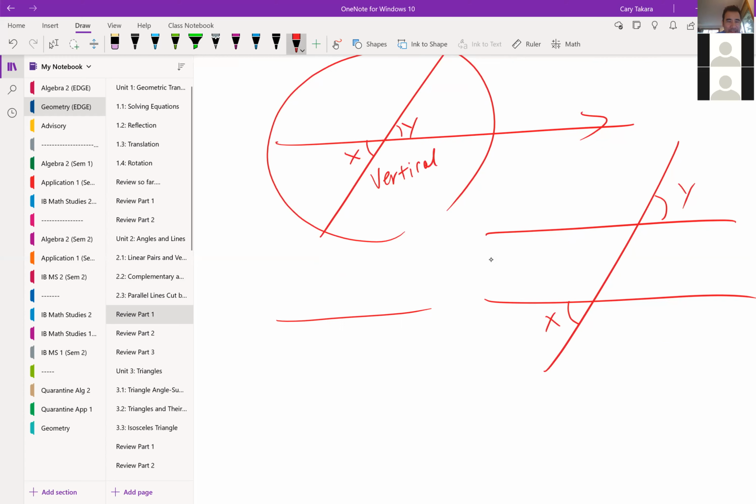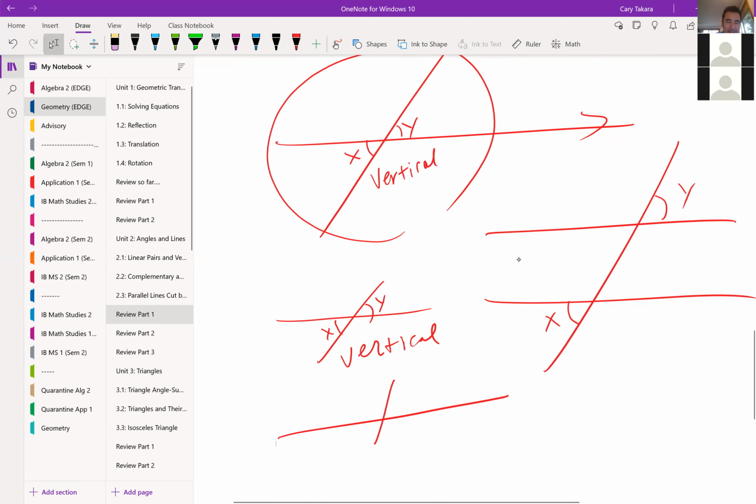If the angles are right next to each other, like this one, that's a vertical. And then if the angles are, again, right next to each other, that's a linear pair. You notice that vertical angles and linear pair, they are right next to each other, aren't they? They're on the opposite side and they're just right there together.